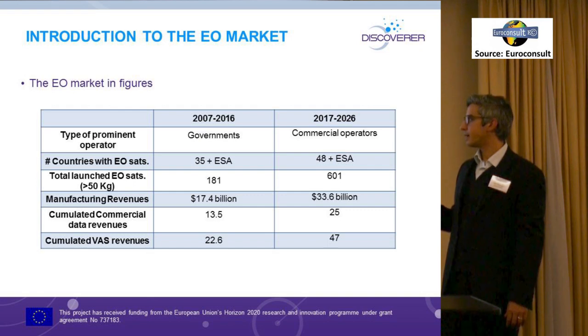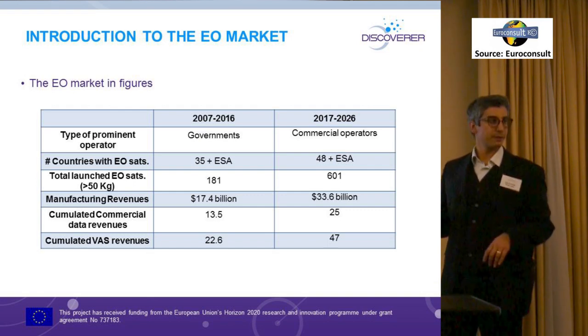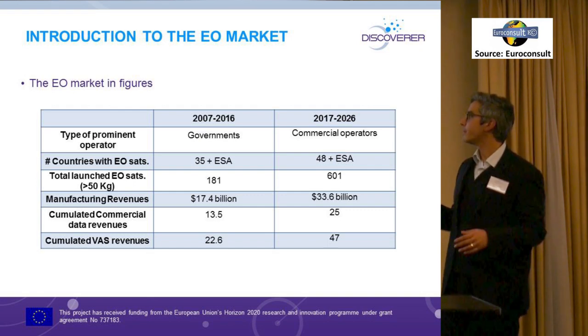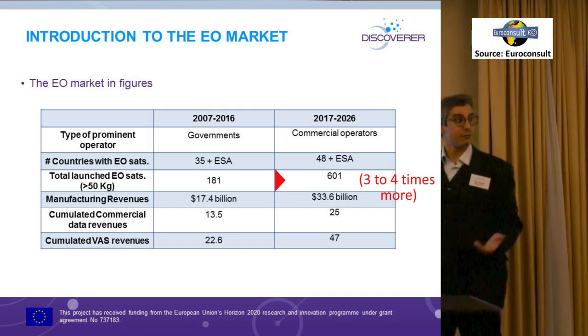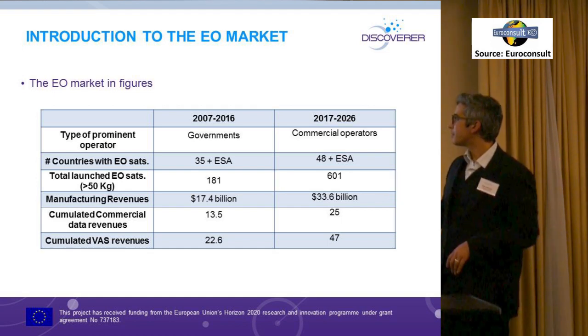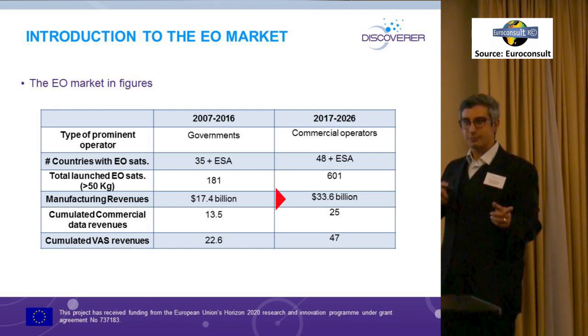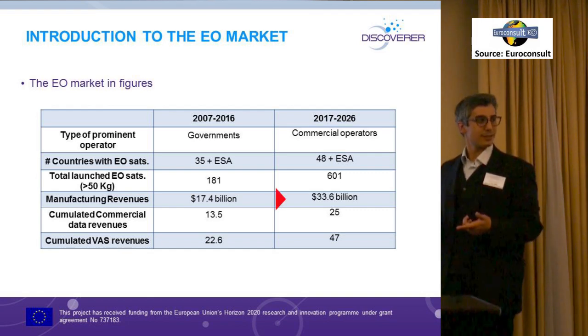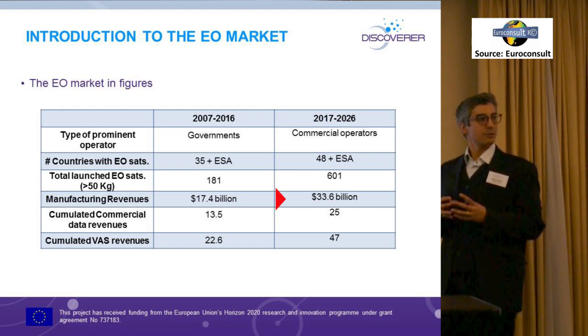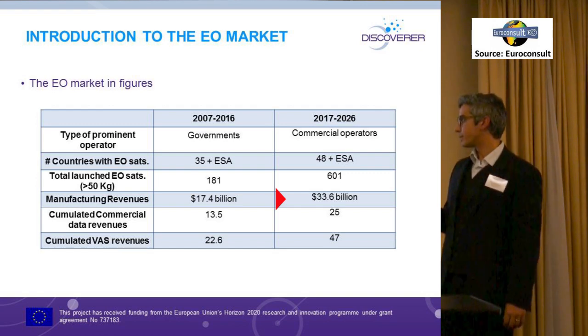In terms of EO satellites of more than 50 kilos, from 190 multiplied by 4. In terms of manufacturing revenues, it's not multiplied by 4, because of the complexity of the satellites, and because it is related to the size and cost of the satellite, which is lower for single dedicated satellites for specific missions compared to satellites manufactured for a constellation.